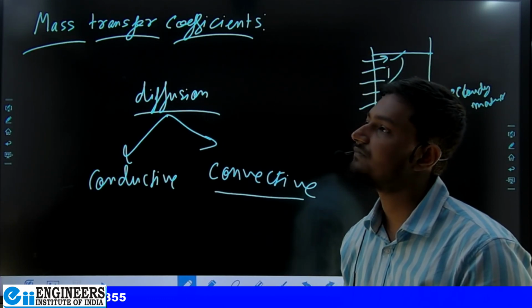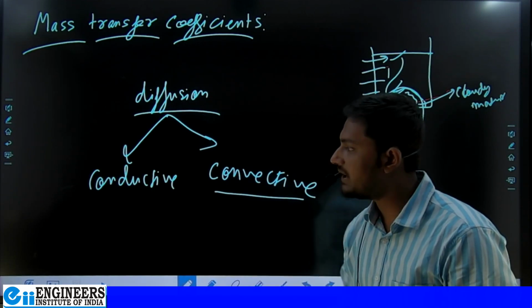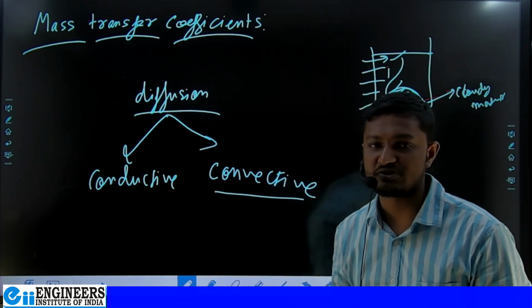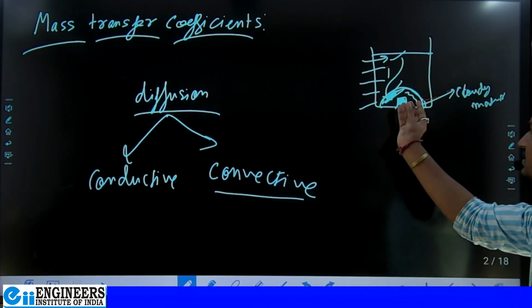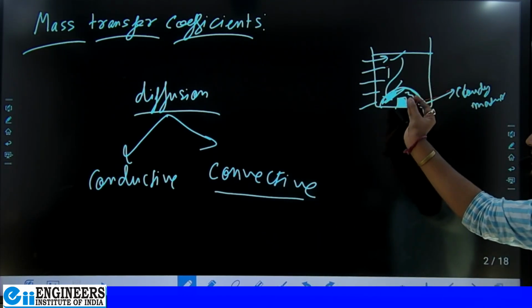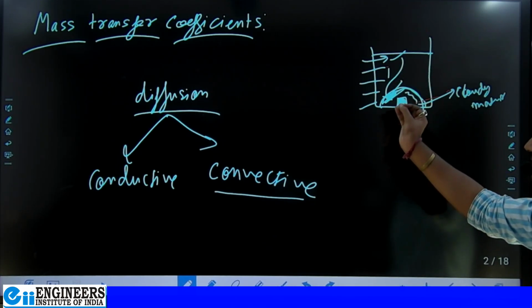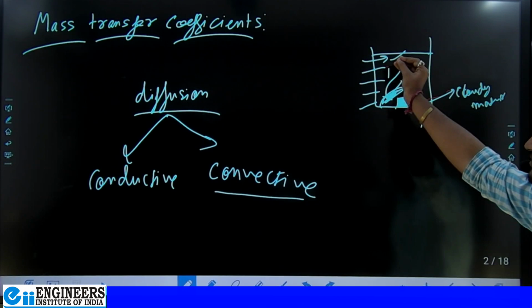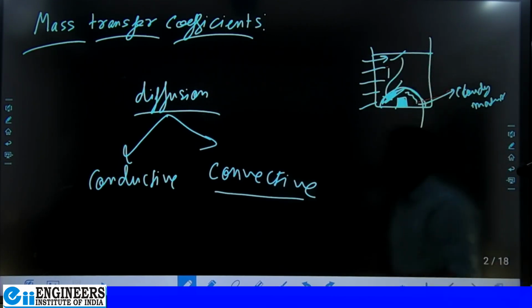Now understand one more thing. Conductive mass transfer is a very slow process. Slowly the sugar will dissolve and create a cloudy zone here. Then slowly, due to concentration difference, the sugar molecules will travel from the high concentration zone to the low concentration zone, and after a very long time we will get a uniformly distributed solution.